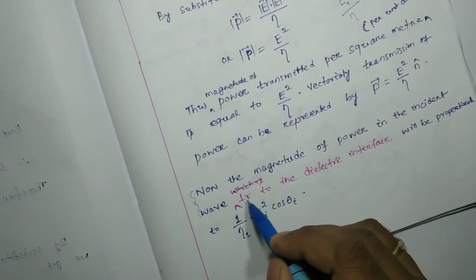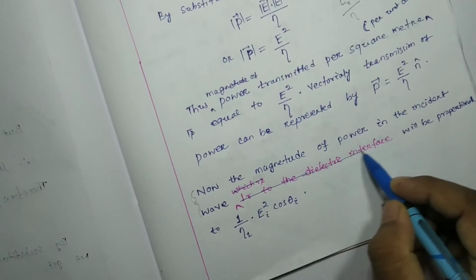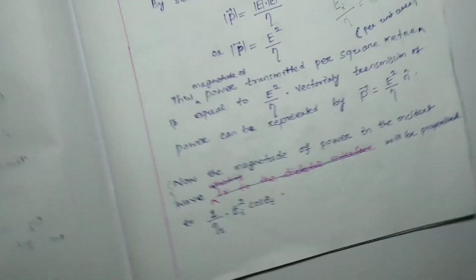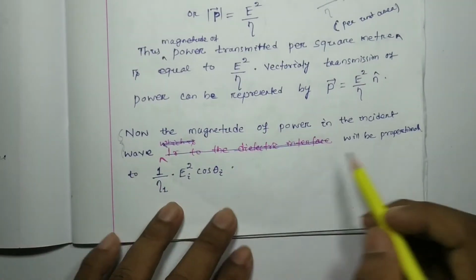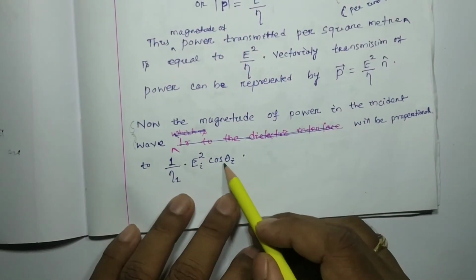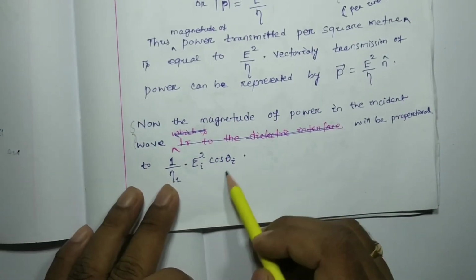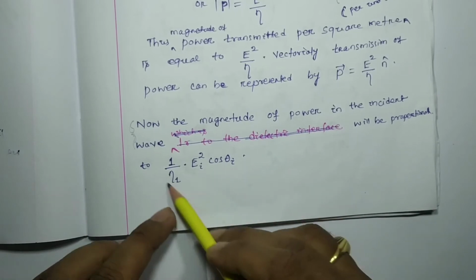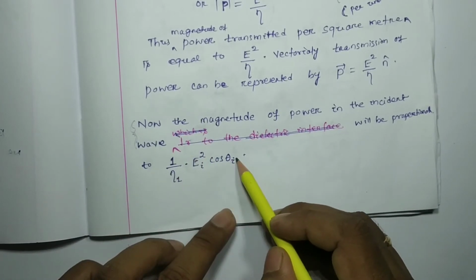No need to write this is perpendicular to the dielectric interface, because as we wrote, it will be proportional to this one. So on the basis of theta I, this value is going to change. When theta I is 0, this value will be large. When theta I is 90 degrees, this value is less.